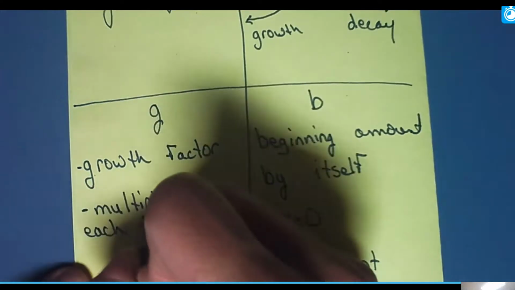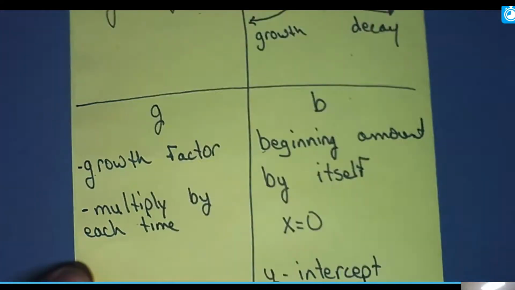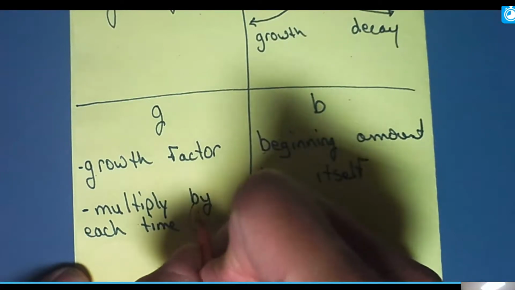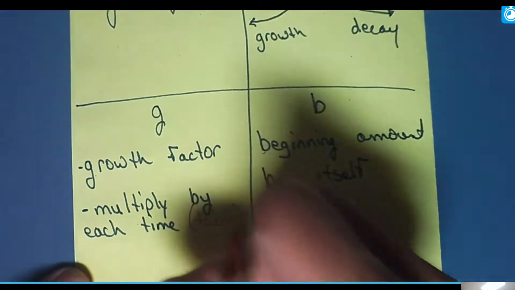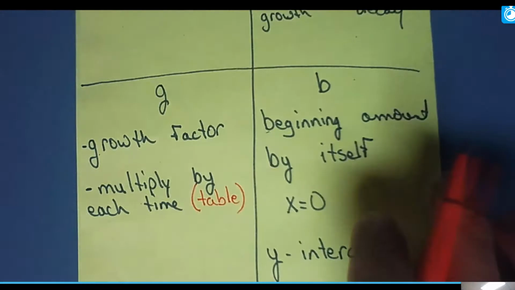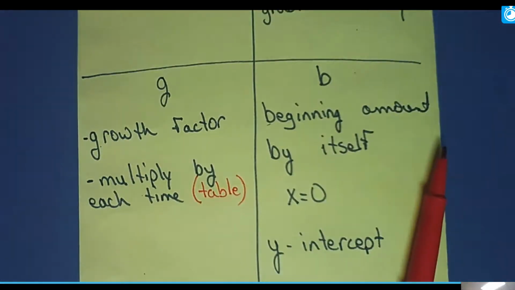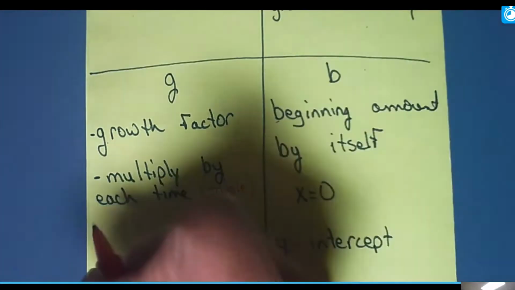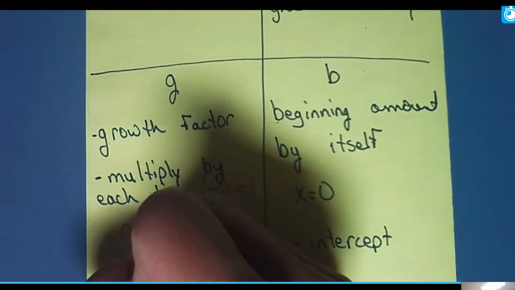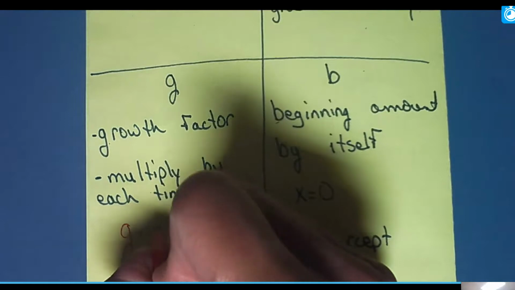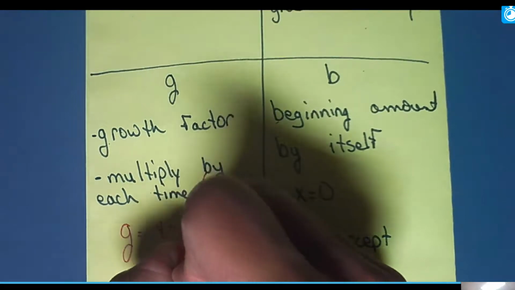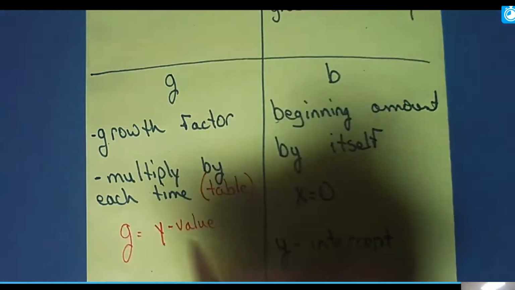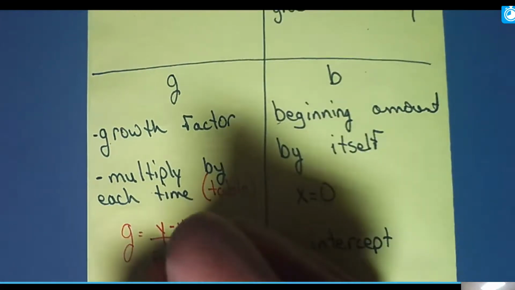And that's how we would see it, if we were looking, I'm going to put this in parentheses, in a table. A table is a really easy way to see that. Sometimes we're not so great at figuring out what we're multiplying by. So if you can't figure that out, to get g, take whatever y value that you're looking at, and you're going to divide it by the previous y.